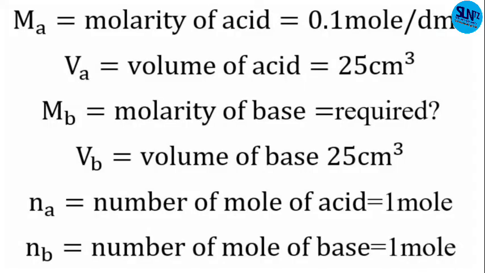Molarity of acid calculated is 0.1. Volume of acid from the burette readings is 25. Molarity of base is required. Volume of base from the burette is 25. Number of moles of acid is 1 mole, and the number of moles of base from the balanced equation is 1 mole.